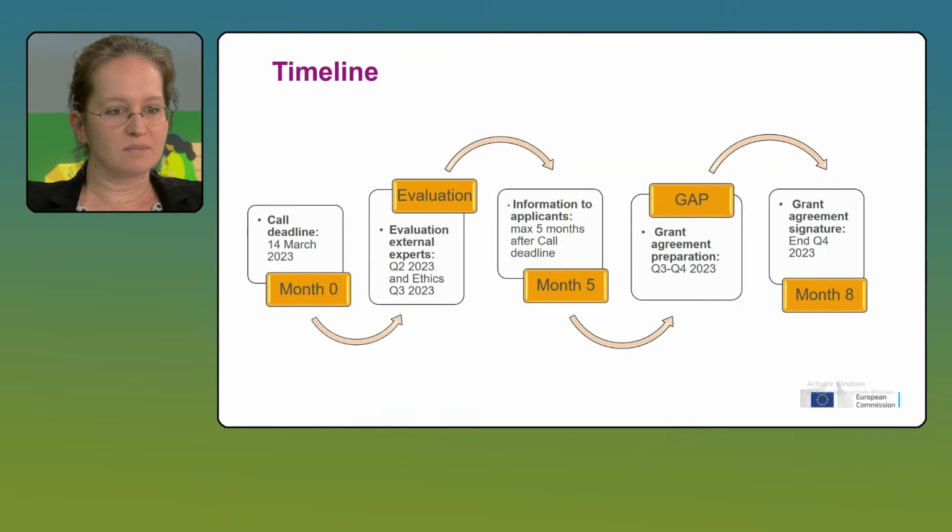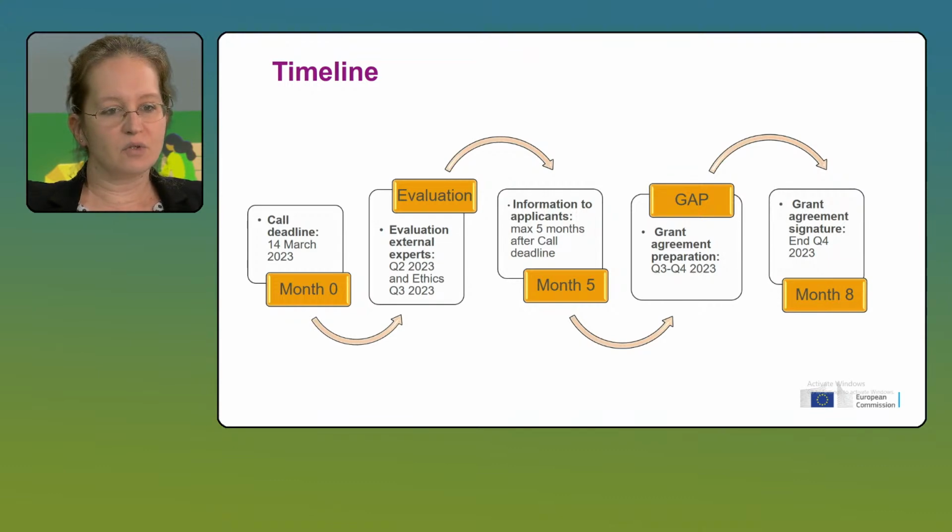Let me walk you through the timeline for our next call. We have a deadline on the 14th of March. We will be running the evaluation in the second quarter of 2023. This will be first a scientific evaluation and then an ethics evaluation in the third quarter of 2023. My colleague Cristina will come back to the ethics aspects a little later.